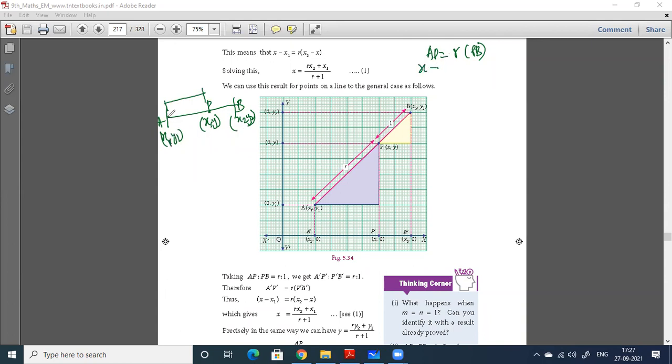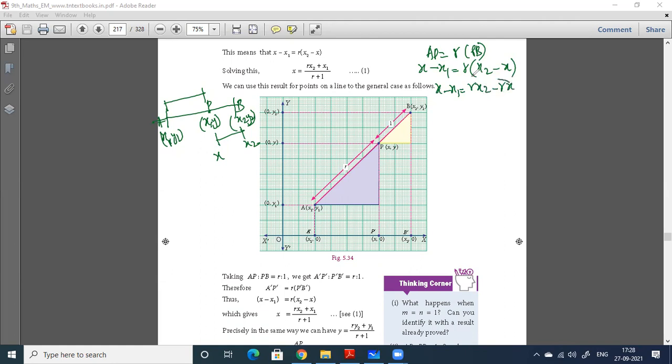PB is nothing but this distance. This total distance is x2 and this distance is x, so PB is x2 minus x. Then x minus x1 equals r into x2 minus x, that is r x2 minus rx.